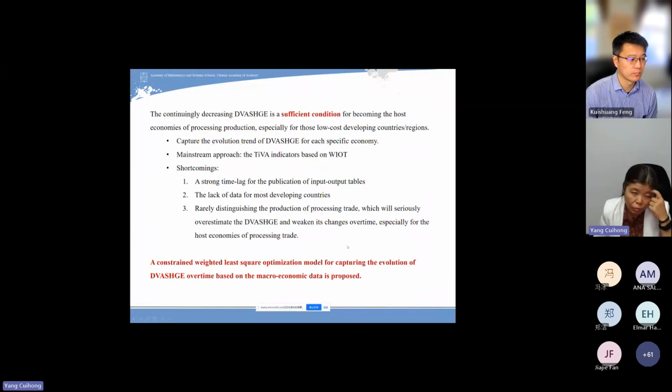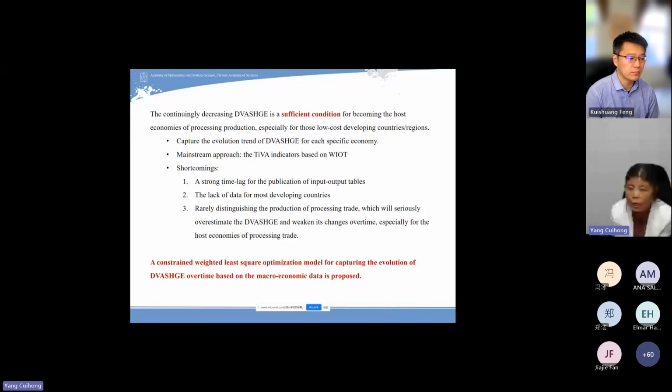And actually, we have some preparations before constructing the optimization models. The continually decreasing domestic value added share of gross exports actually is a sufficient condition for becoming the host economy of processing production, in particular for those low-cost developing countries and regions. In the mainstream approach, when we estimate the TIVA indicators, we mainly refer to the input-output tables.